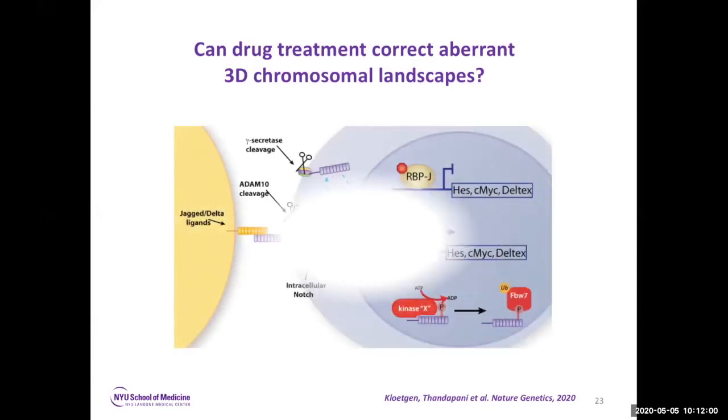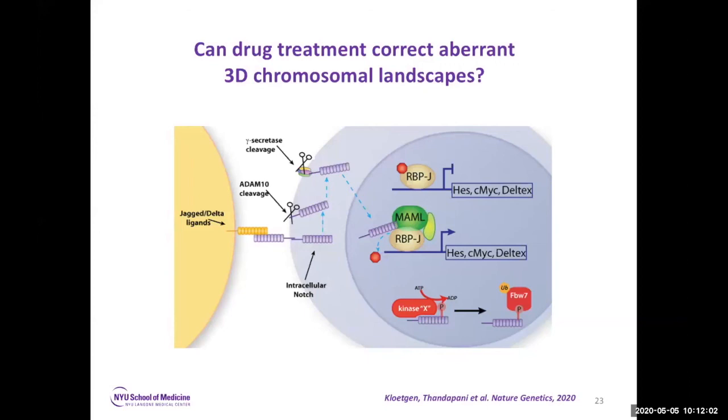We have used initially a drug that targets a signaling pathway, and this signaling pathway is of course Notch. Here we're using a drug called gamma secretase inhibitor that blocks cleavage of Notch from the surface. If you don't cleave Notch from the surface, it stays there, it's not active anymore.